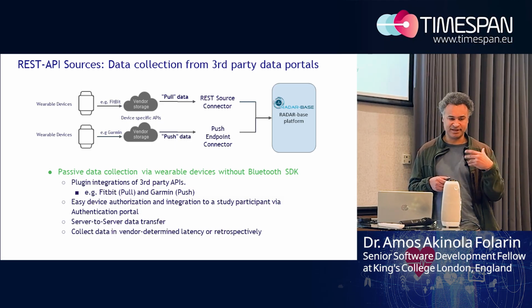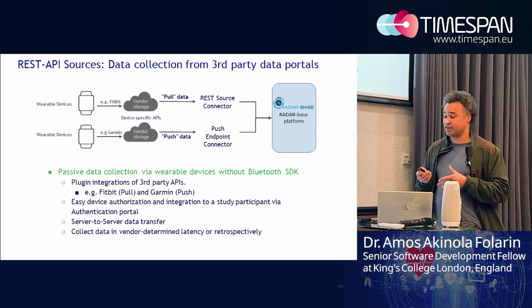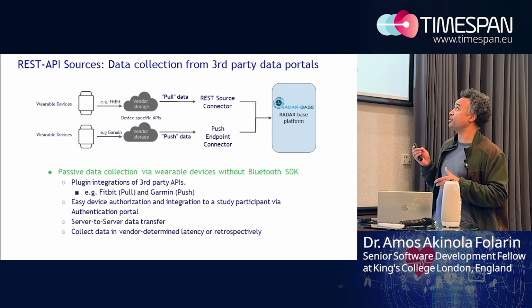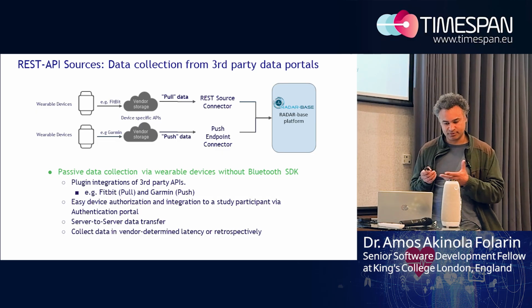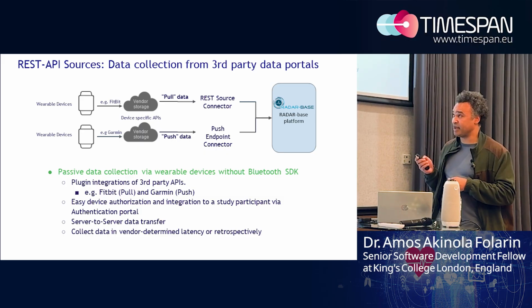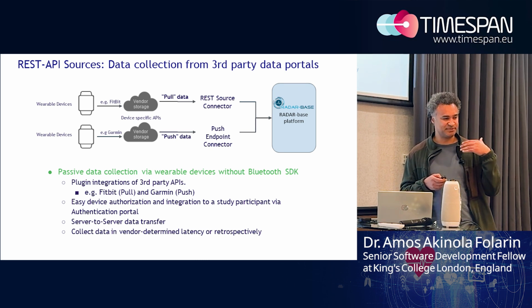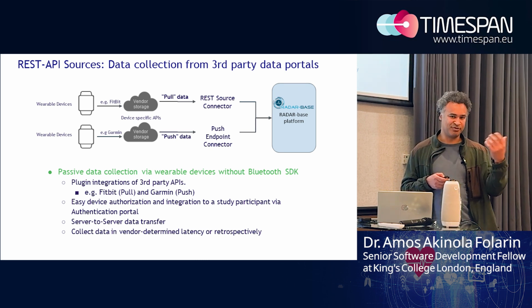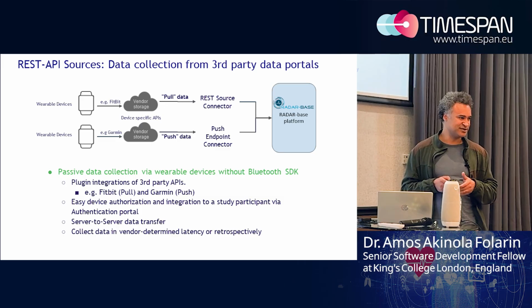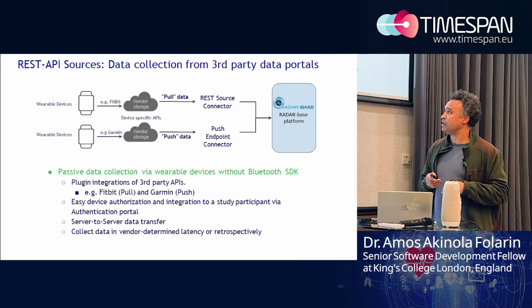And then we pull the data when it's available. There's one component called the REST source connector, which handles that. With Garmin devices, their API is of a slightly different design. When there is new data for a particular participant, it notifies Radarbase, and then Radarbase pulls the data, so it doesn't have to continuously poll. It's a little bit more efficient in that way.